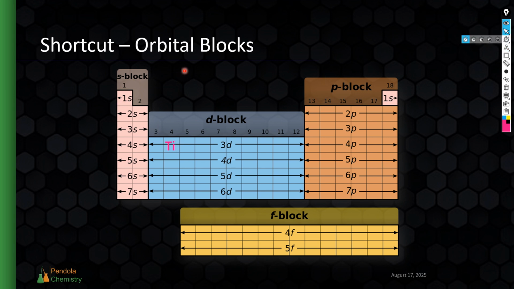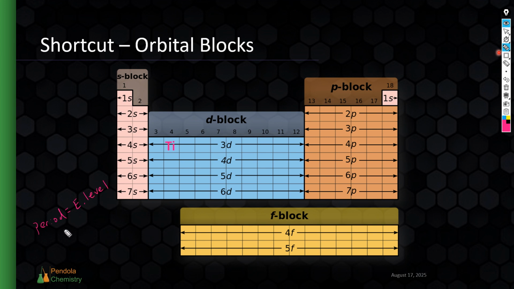Well, in order to do that, all we have to remember is that for figuring out how many electrons go into the specific orbitals and sublevels, the period on the periodic table is related to the energy level. So I'll put E level here.